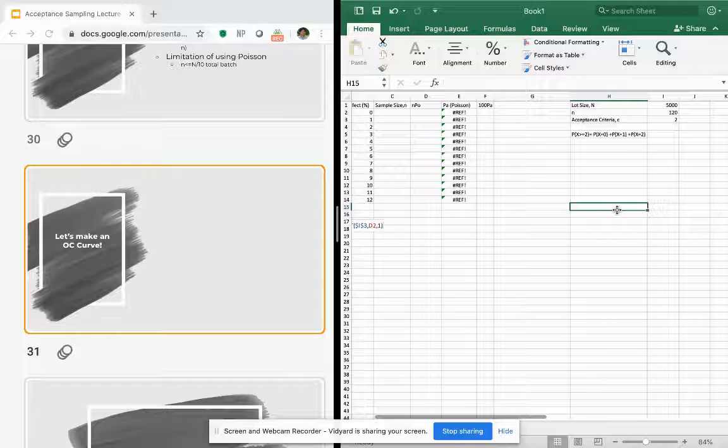Cool. So we have our acceptance probability, which is basically the probability of having 0 defects plus the probability of having 1 and the probability of having 2 defects. So let's move on.